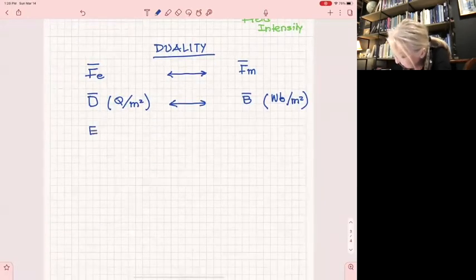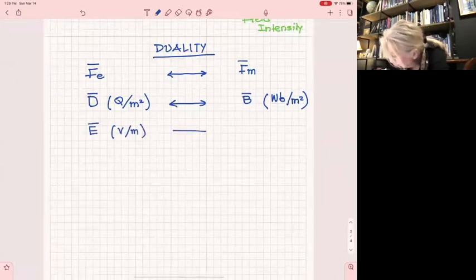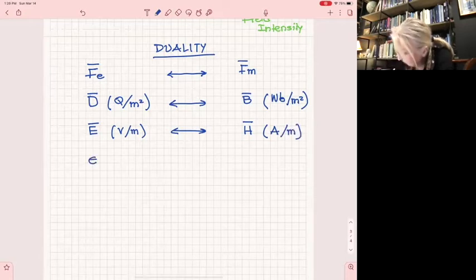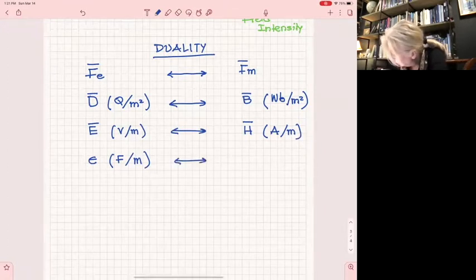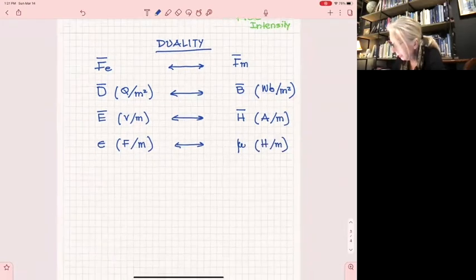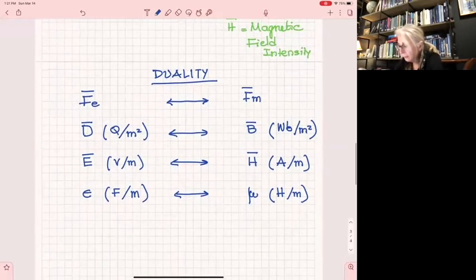E, which is in volts per meter, is equivalent to H, which is in amps per meter. Epsilon, which is in farads per meter, is dual to mu, which is in henries per meter. That's how the duality applies.